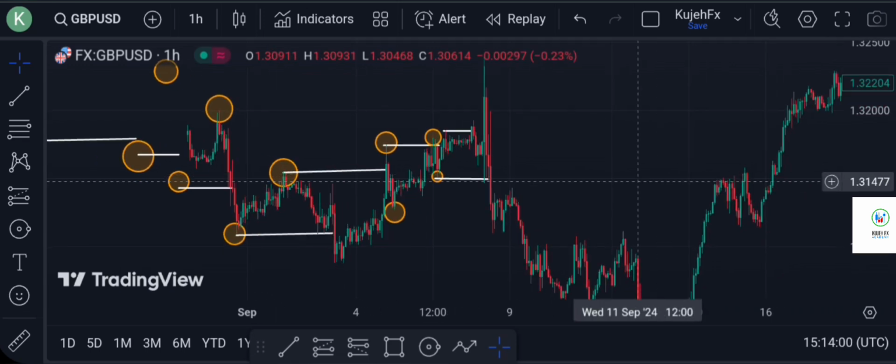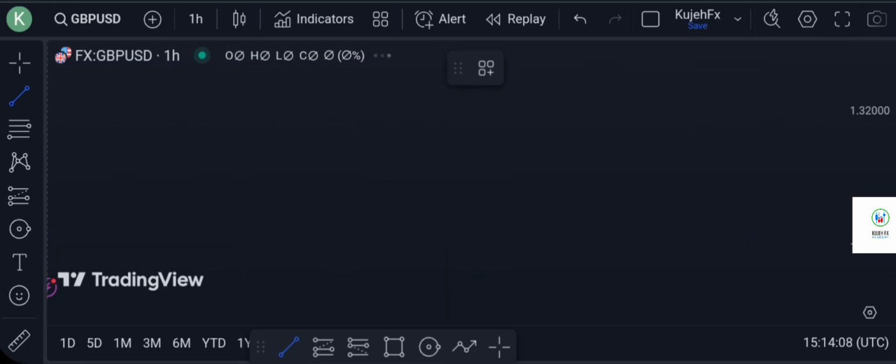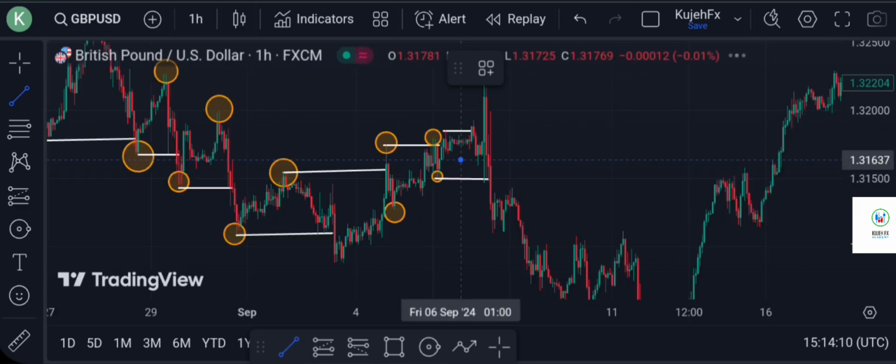So the market came back and broke structure in the opposite direction, which we call change of character. That means the market wants to continue its trend downward. So in this case, you should be looking for selling opportunities because the market is now going bearish.